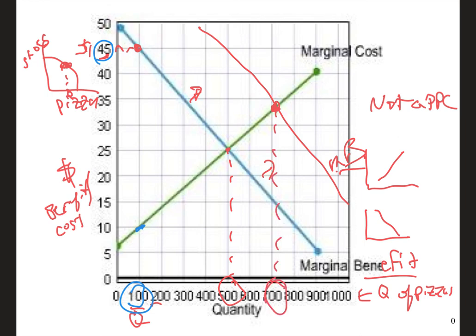The allocatively efficient quantity is now 700. If the society continues to produce 500, they are going to be allocatively inefficient, under allocating their resources, and they should increase the quantity of flu shots to the point where marginal benefit equals marginal cost. I hope that helps. Have a really good rest of the night, and I will see you in class.